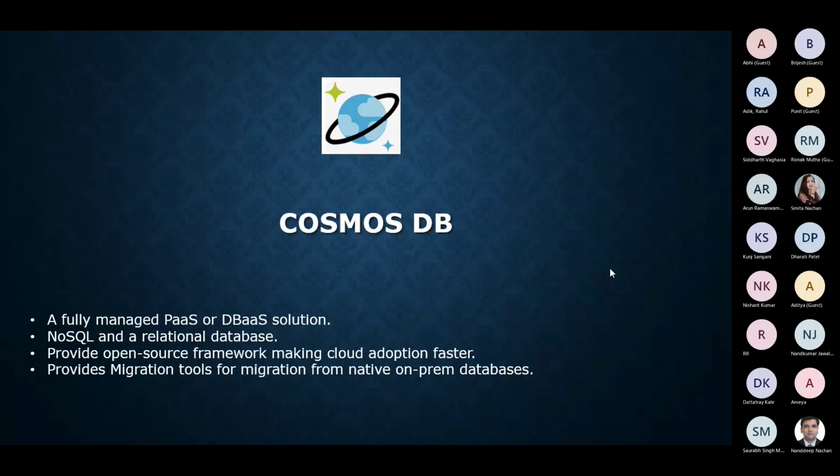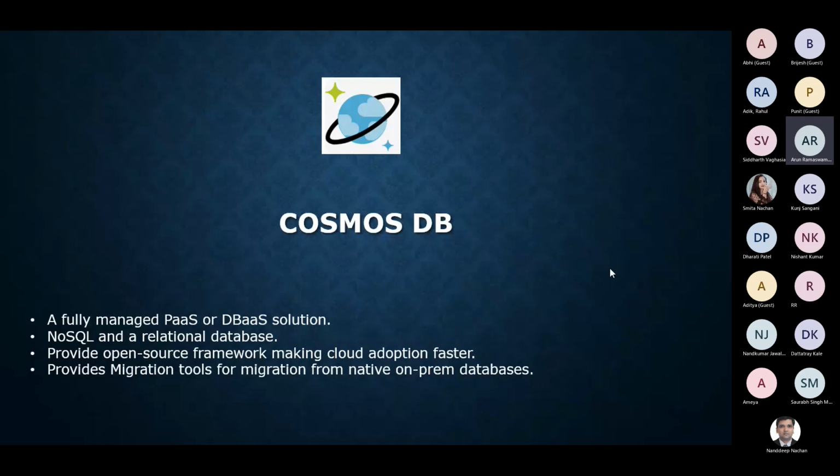Cosmos DB is a NoSQL database. When you say NoSQL database, it doesn't follow the usual row and table storage format, like Oracle PL/SQL or the normal MS SQL Server.